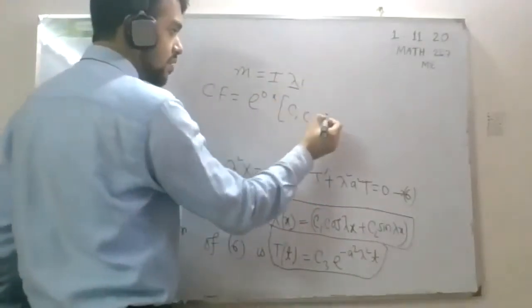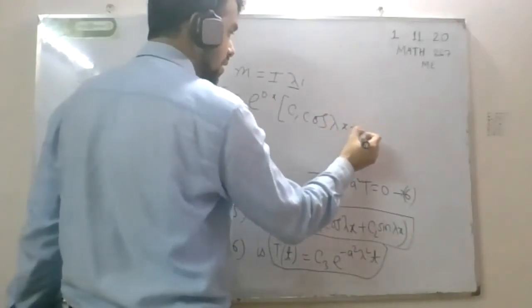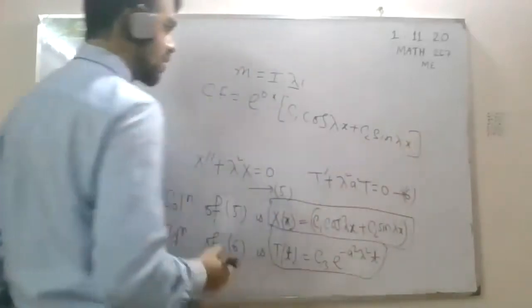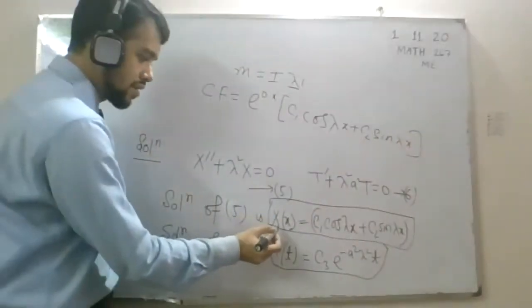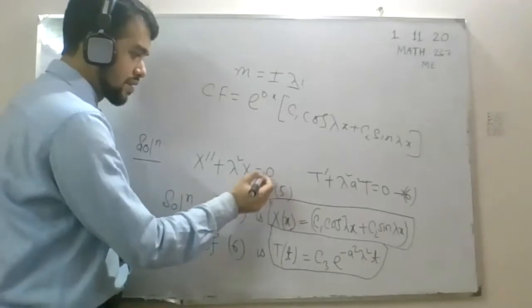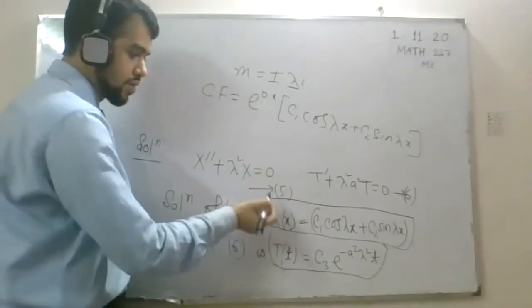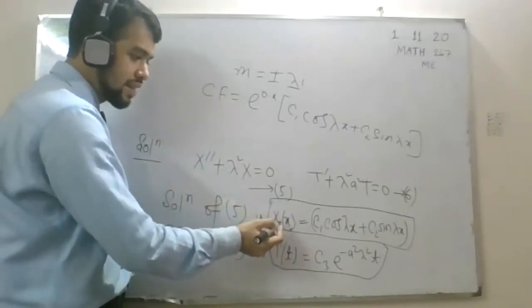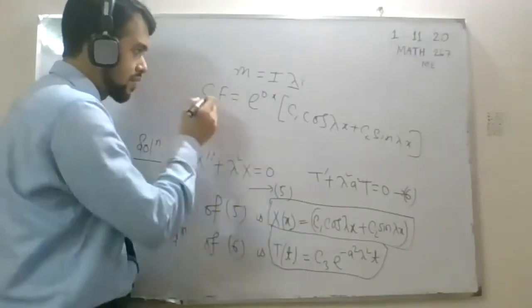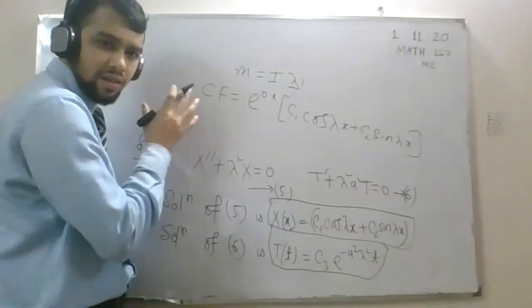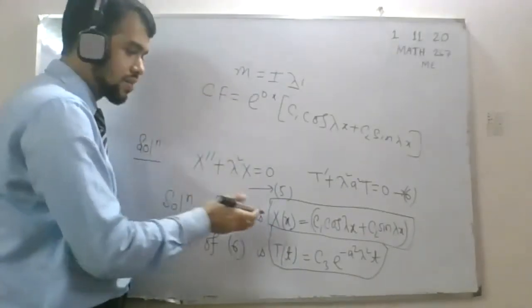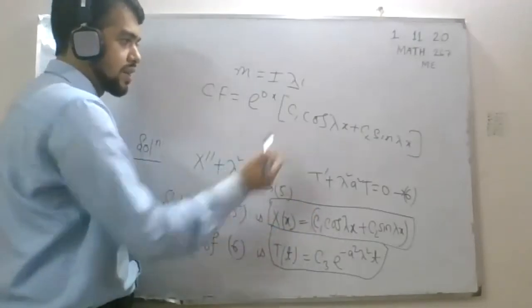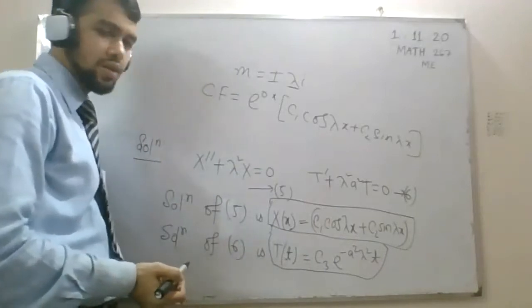So here b is equal to lambda, lambda x plus c2 sin lambda x. Okay. So this is your complementary function, and since here the right hand side equals to 0, so there is no particular integral. So you can write the general solution is also the complementary function. So here x equals to c1 cos lambda x plus c2 sin lambda x.